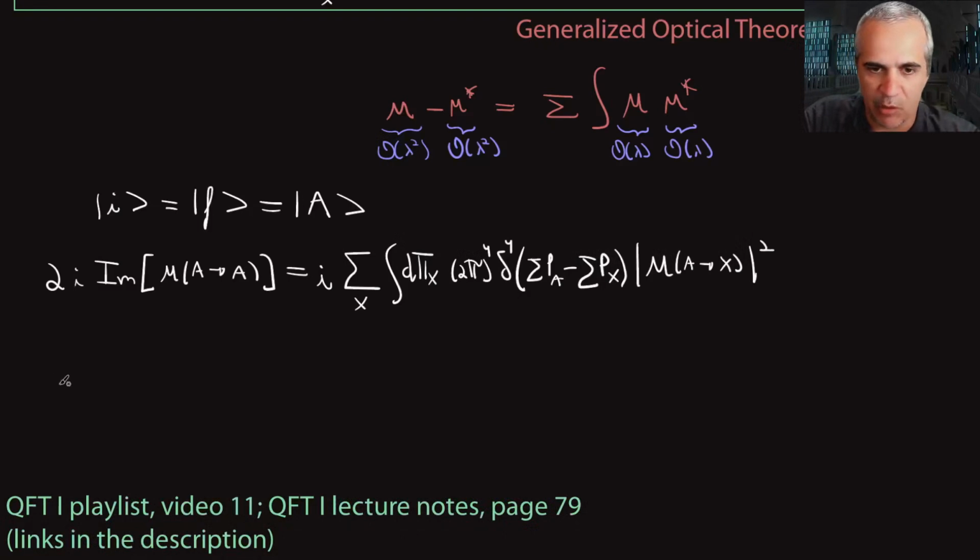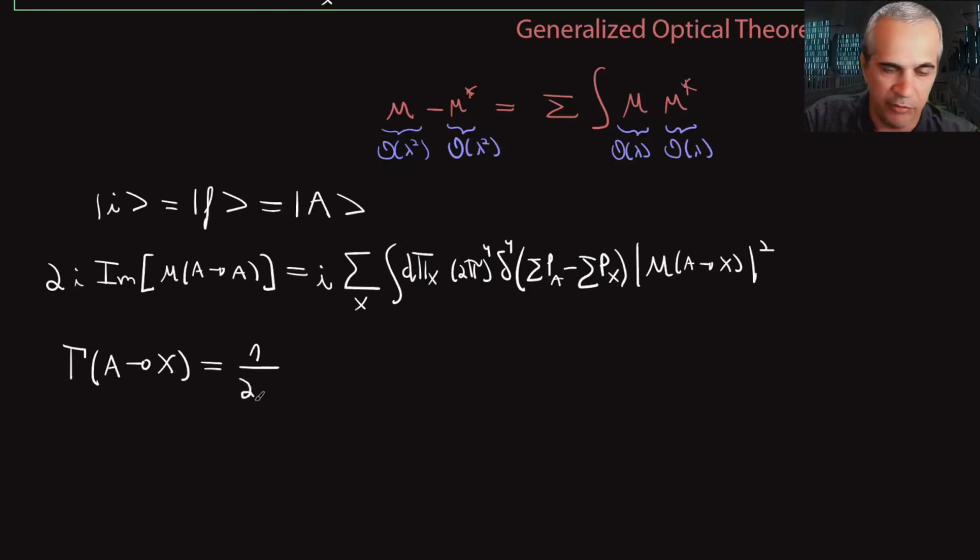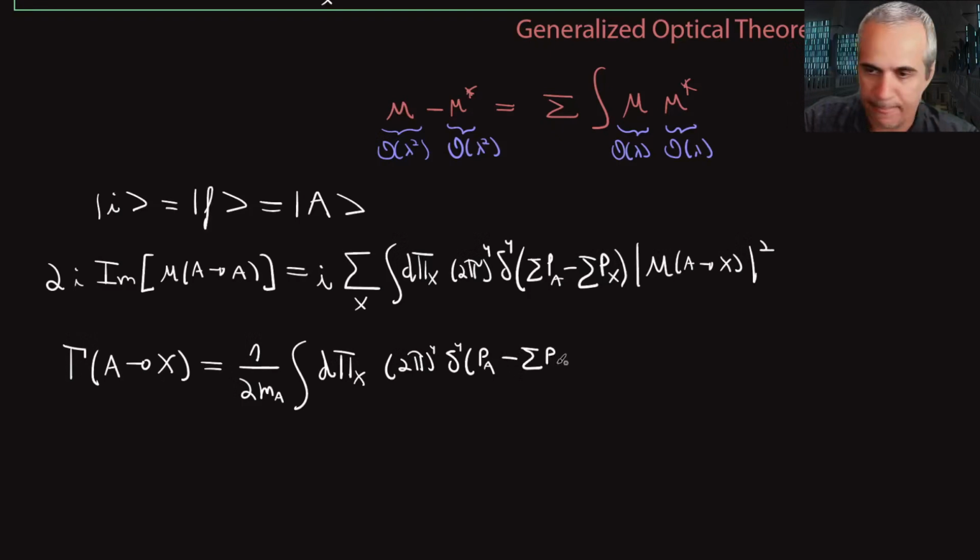Now you have to remember some calculations we did in quantum field theory 1, where we have shown that the decay rate of A to any state is given by just 1 over 2 m_A, integral over the final phase space for this X state, which again is the same thing we just defined, times (2 pi) to the fourth delta 4 of P_A, which is the momentum of this initial state, which is just one particle, minus P_X, the sum of the final states in which this particle decays, times this matrix element from A to X squared.